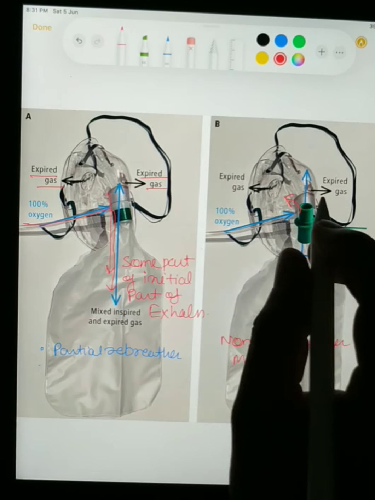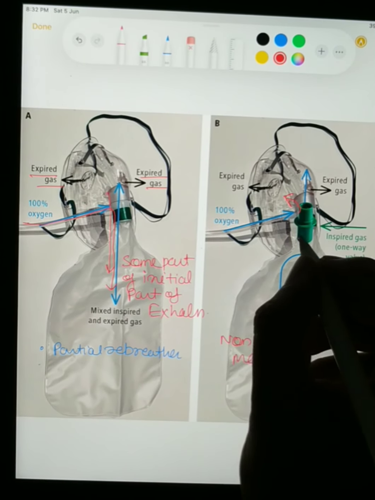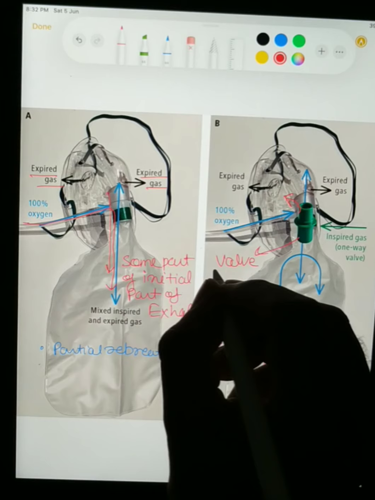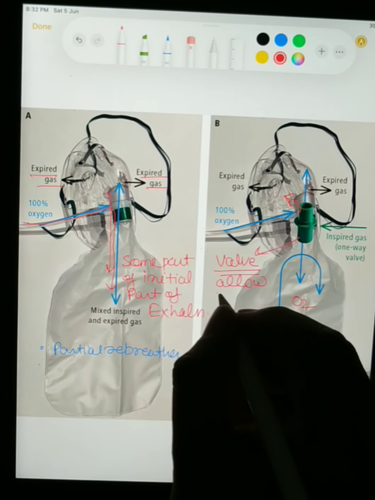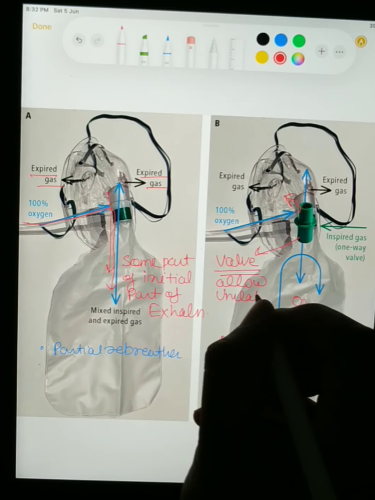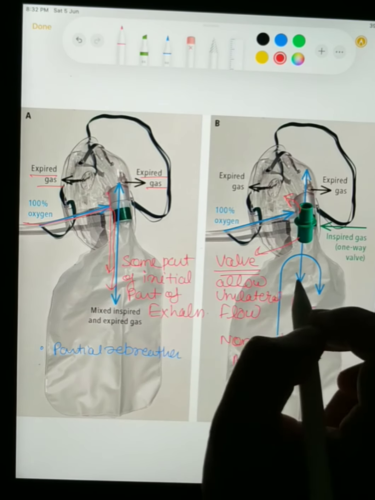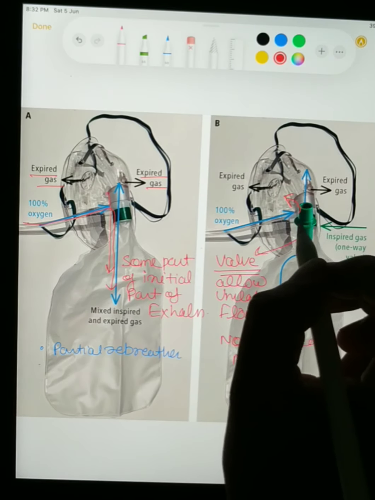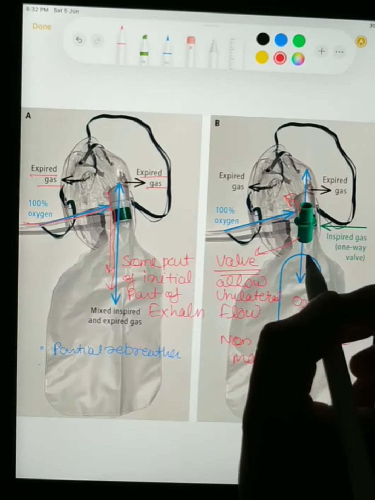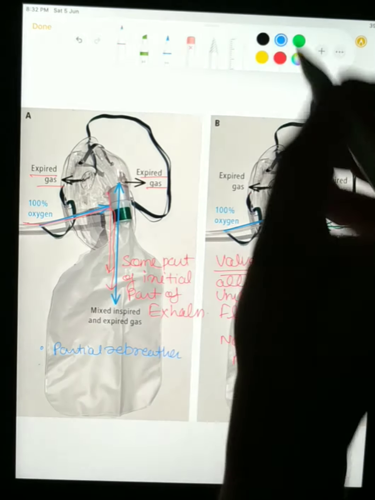So the difference between partial rebreathing and non-rebreathing is that this valve allows only unilateral flow. Oxygen comes through this way, and when the patient exhales, this valve gets closed, and the exhaled gas will not reach this bag. So this bag contains only 100% oxygen in a non-rebreathing mask.